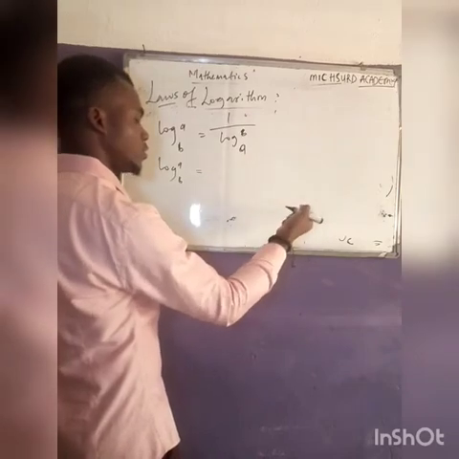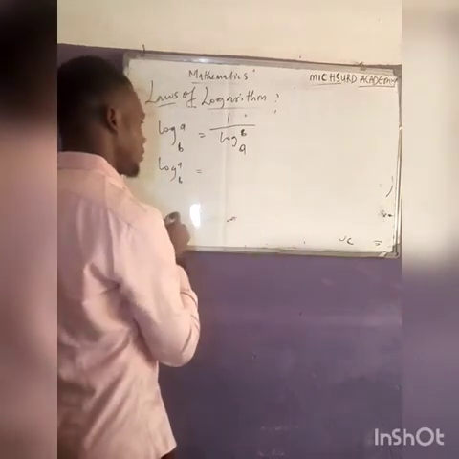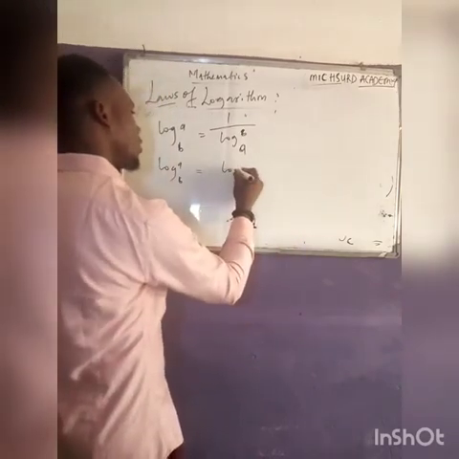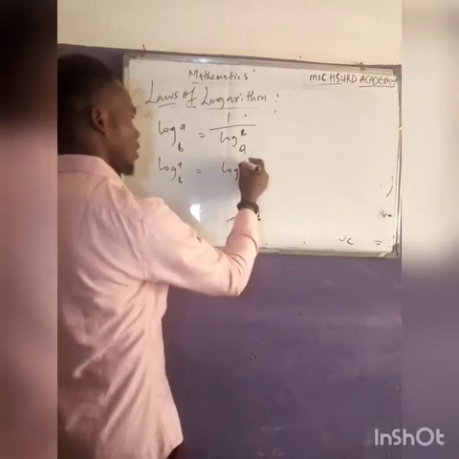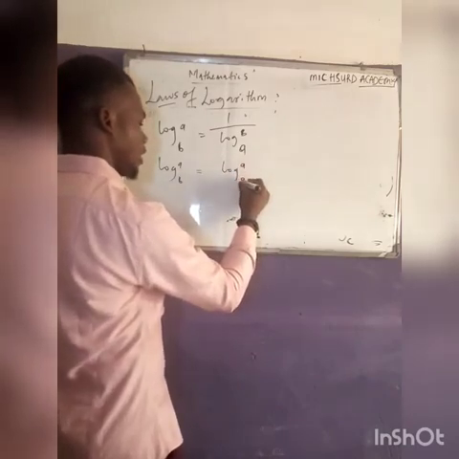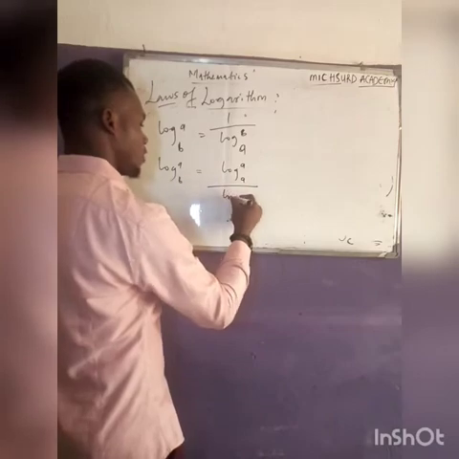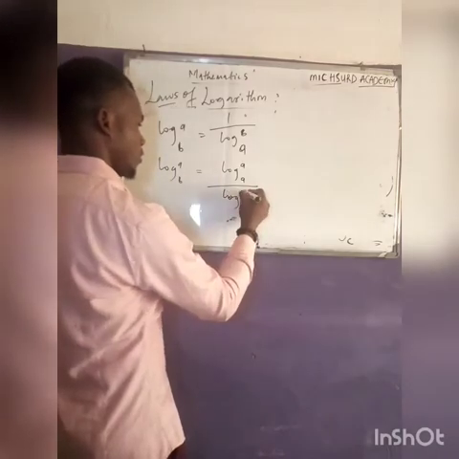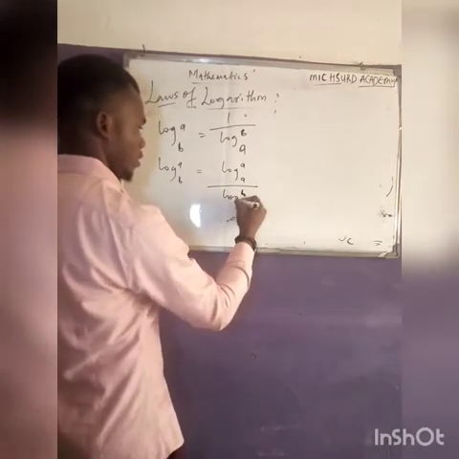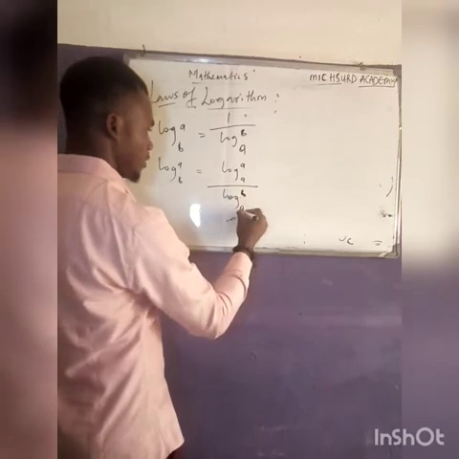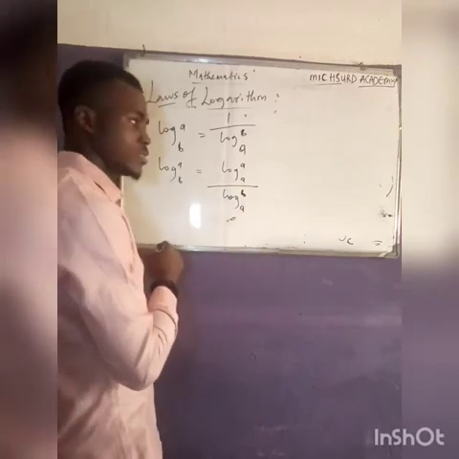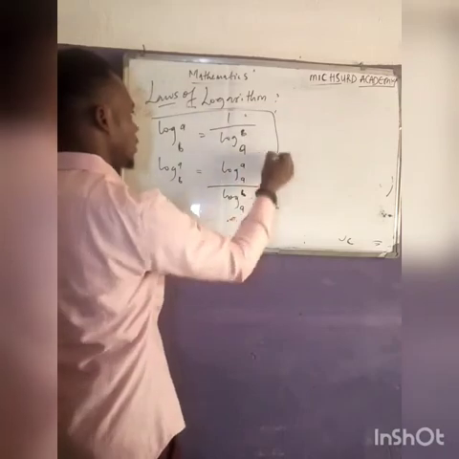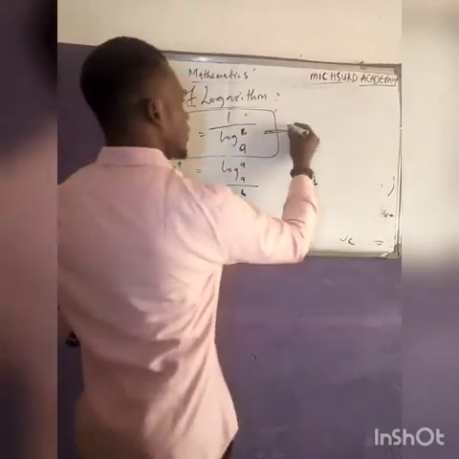and from the change of base method, this will be log A to base A all over log B to base A. Making sense, right? I said this is the reciprocal law.